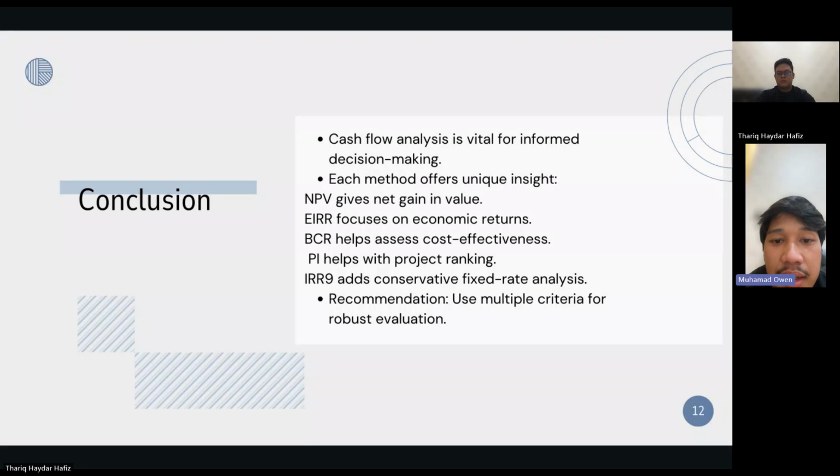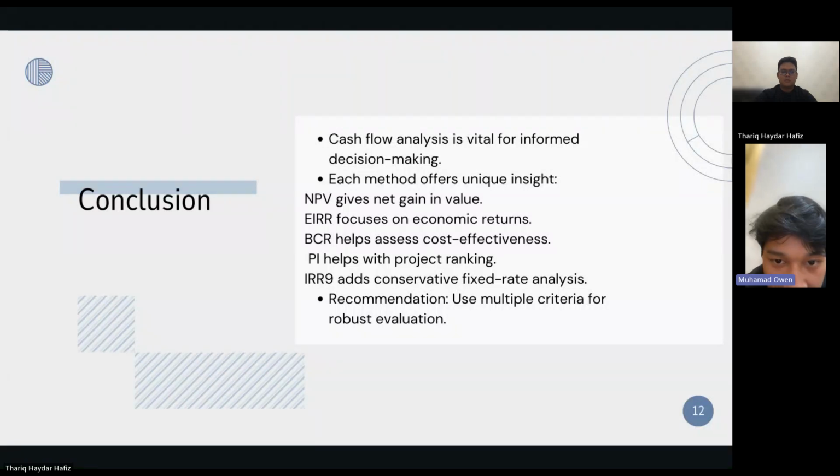Each method offers unique insight: NPV gives net gain in value, and then the EIRR focuses on economic returns, and then the BCR helps assess cost effectiveness, and the PI helps with project ranking, and IRR9 adds conservative fixed rate analysis.